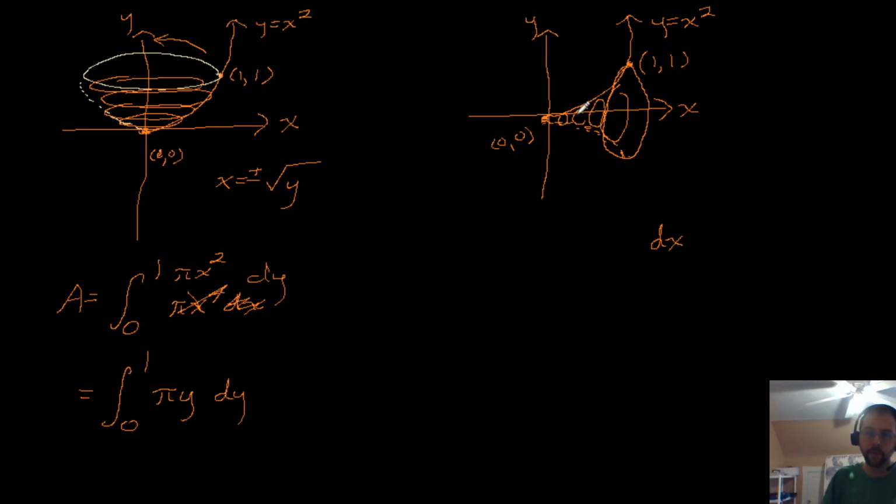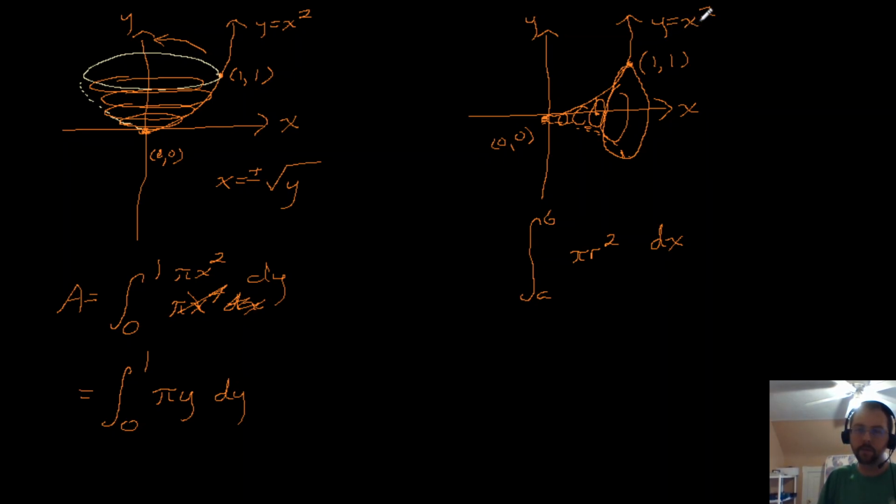Our formula for area is going to be, once again, pi r squared, because they're circles, which is just kind of given in the setup of the problem. And we need to take the integral from a to b, the first x value to the last x value. R in this case, the radius of each of these circles, is going to be whatever the y value is at that current point.